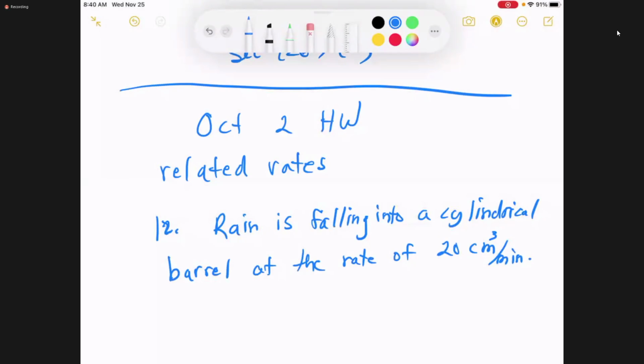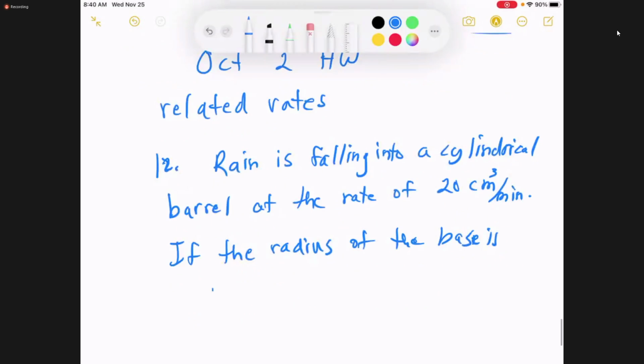That's what it says, though. Okay. Is 18 centimeters. How fast is the water rising?